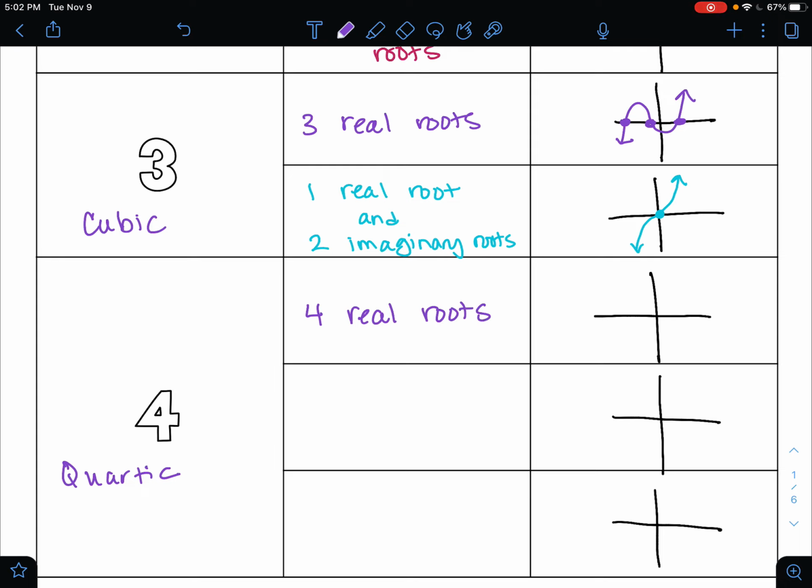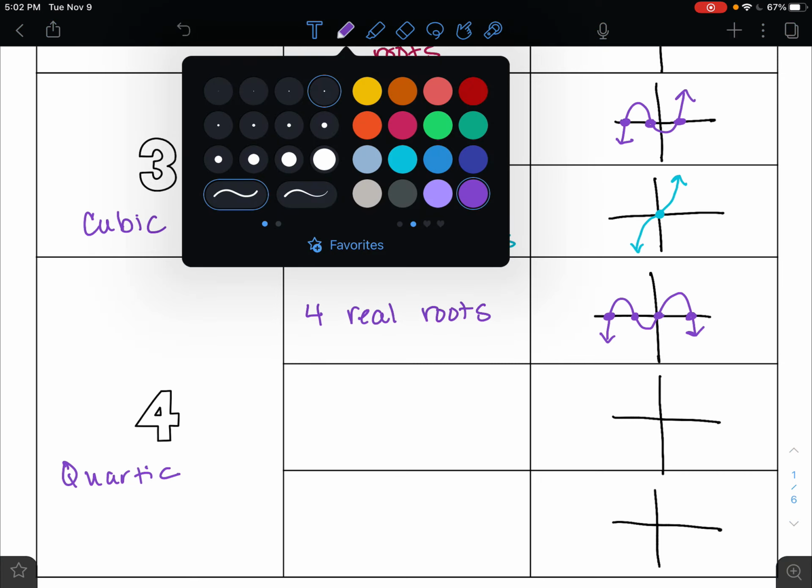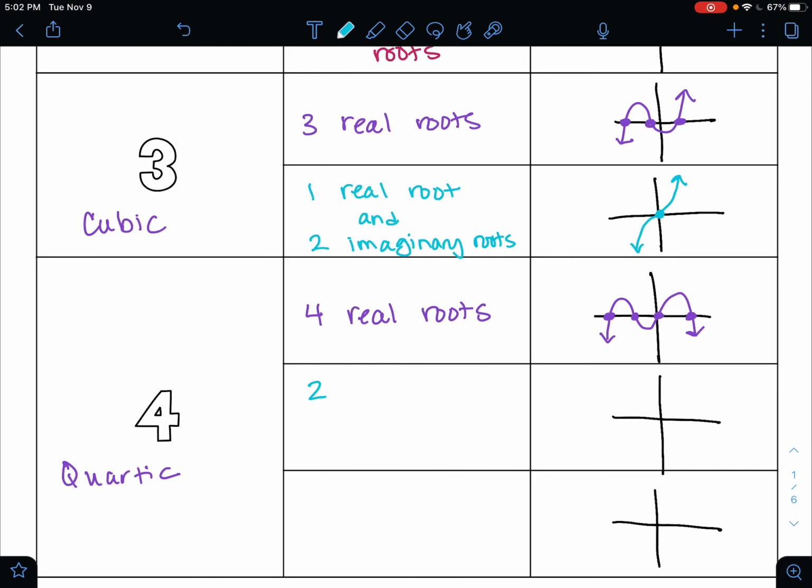So that might look something like this, where you cross your x-axis 1, 2, 3, 4 times. You could have a combination. You could have 2 real roots and 2 imaginary. And that might look something like this, where it only crosses your x-axis twice.